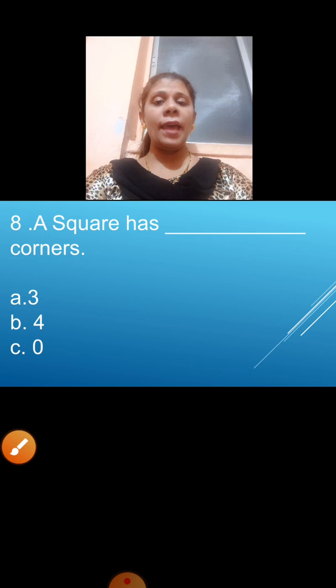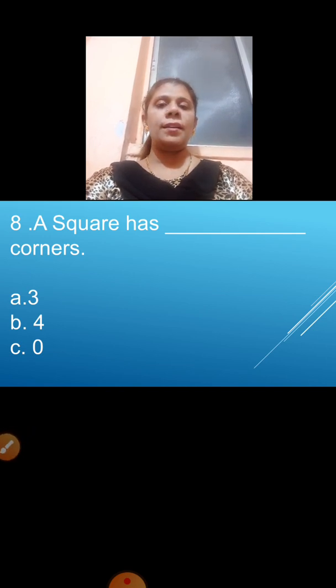Now, a square has dash corners. How many corners? 3, 4 or 0. A square has dash corners. 3?